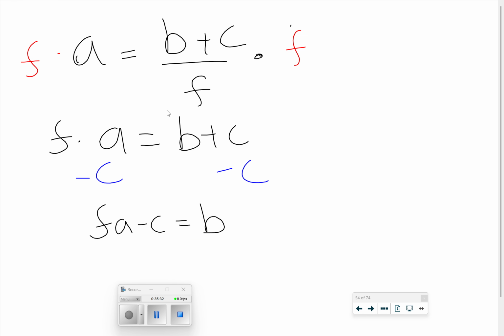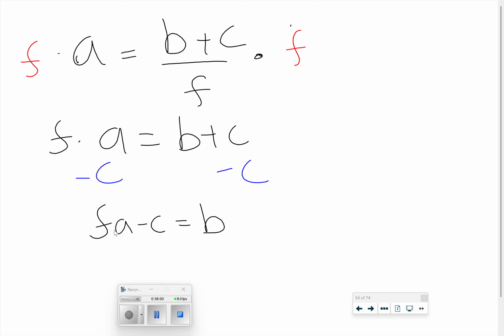Okay, so this is how you solve it. I'm trying to isolate B, and it's being added with C, but then divided by F. We're going to do the opposite in reverse here. We deal with this division by doing the opposite, multiplying by F. So F times A is FA, and then I'm bringing down B plus C. Now I've got B plus C. I'm trying to find B, so I do the opposite of adding C and subtract C on both sides.